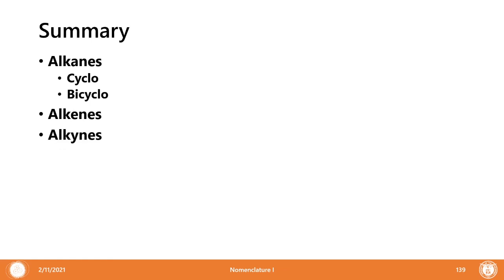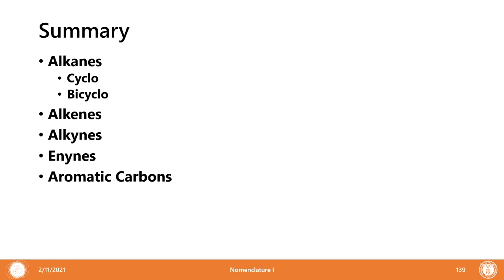So in summary, we discussed alkanes, cycloalkanes and bicycloalkanes and how to name them, with alkenes and alkynes, the case where we have an alkene and alkyne in the same compound, enynes, and our aromatic carbons.